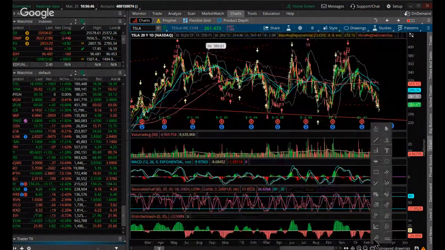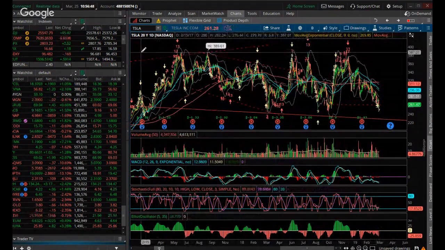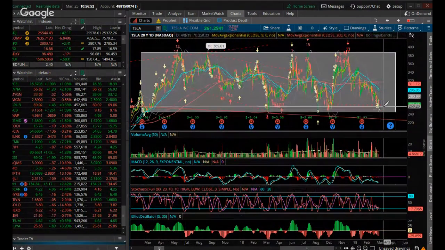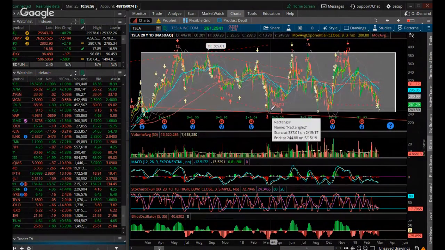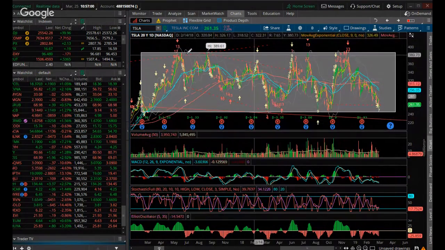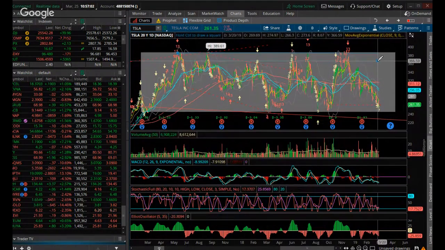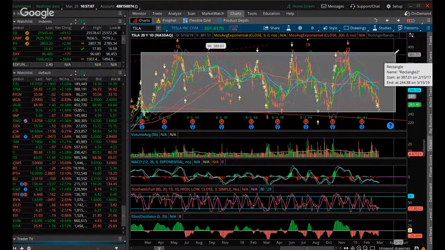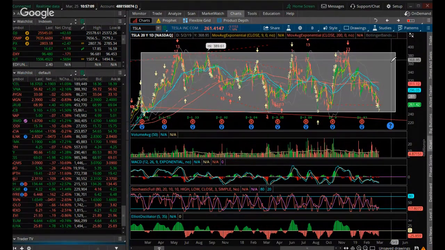The rectangle pattern is pretty strong. So we can see this stock, if it holds the 9 here and buyers do step back into the stock, there is still room for this thing to run back to above the 375 level.